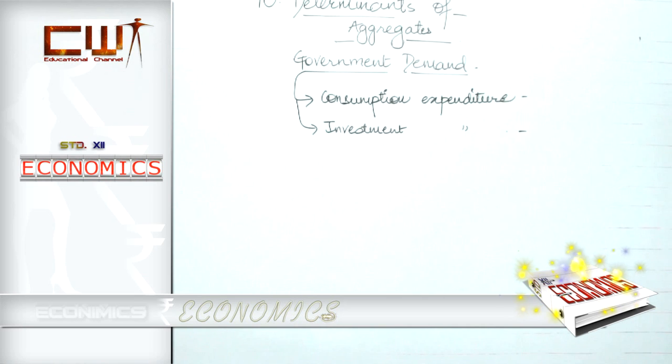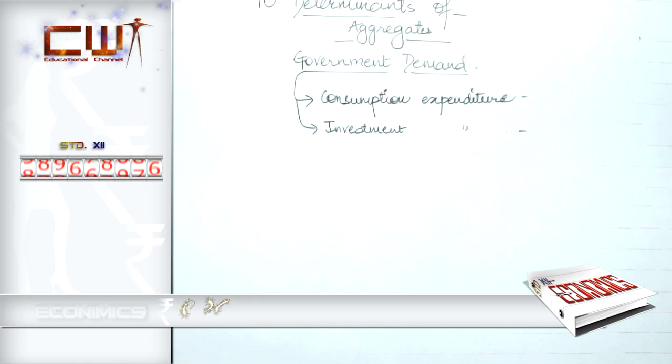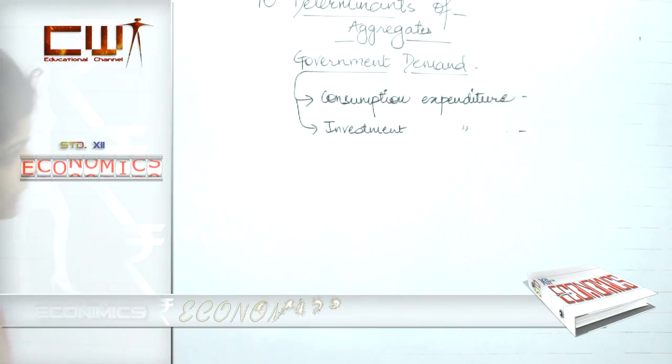It includes payments made to the employees, interest paid on loans, defense expenditure, and police. This is all consumption expenditure. But when you talk about investment expenditure, it refers to when the government is increasing the stock of goods, that is buildings, bridges, power generation, and so on.